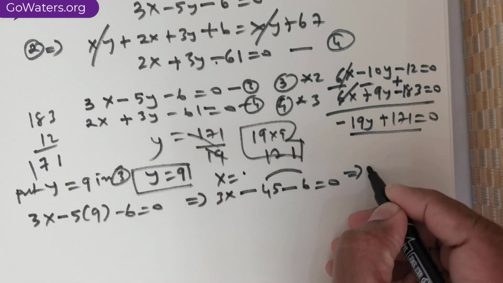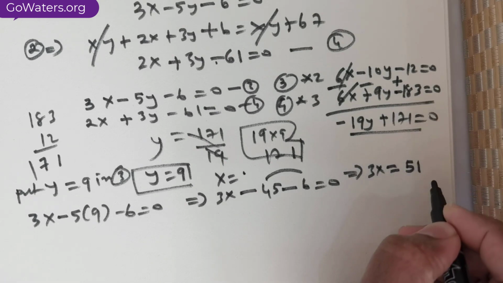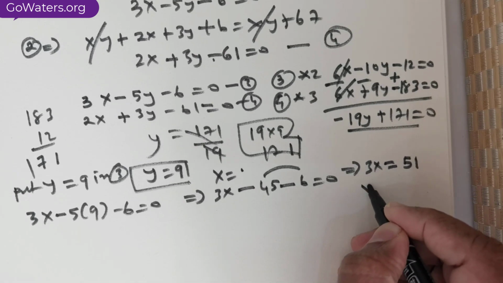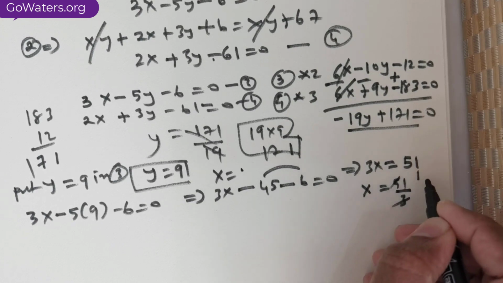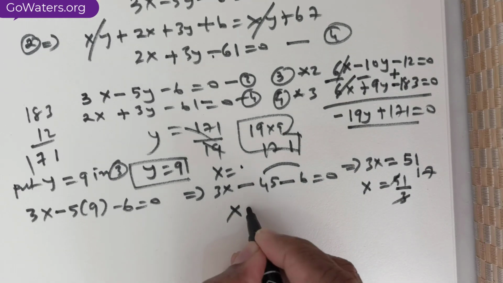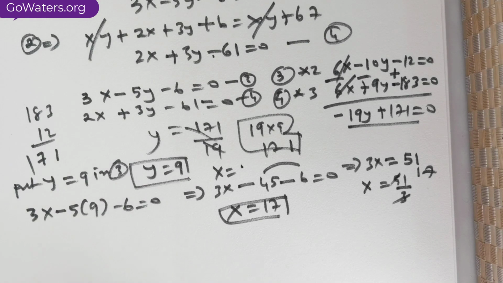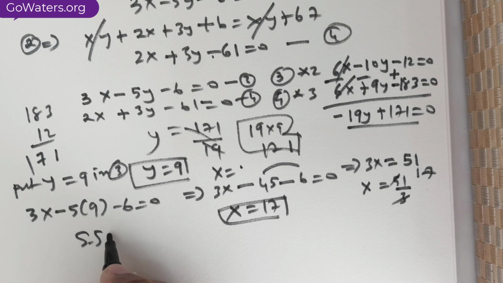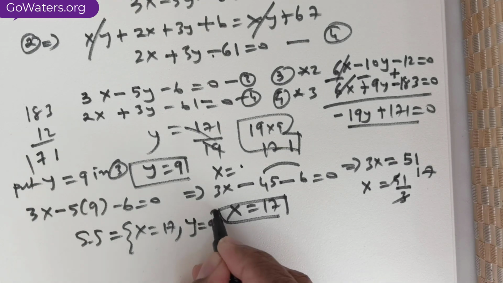You add these two things together, you get 3x = 51. And x will be equal to 51 divided by 3, which is 17. So the solution is x is equal to 17 and y is equal to 9.